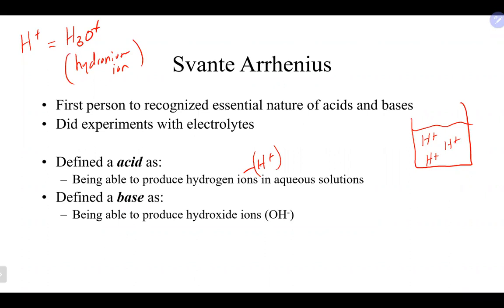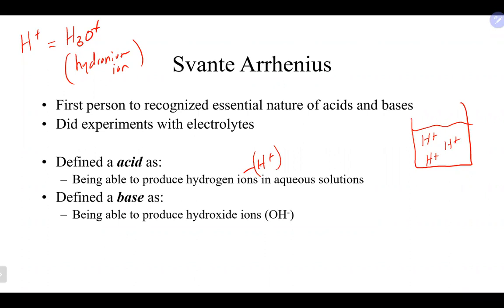They are interchangeable, both in formulas and equations. I personally will use H plus most of the time, but anywhere I use H plus, H3O plus is basically the same thing.